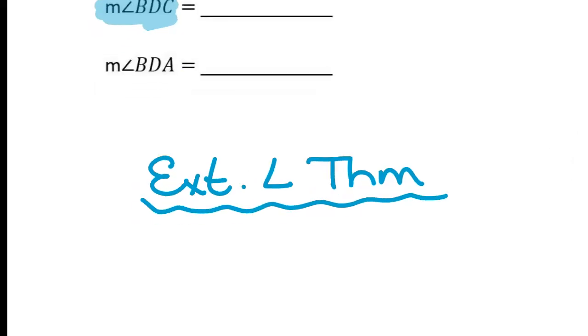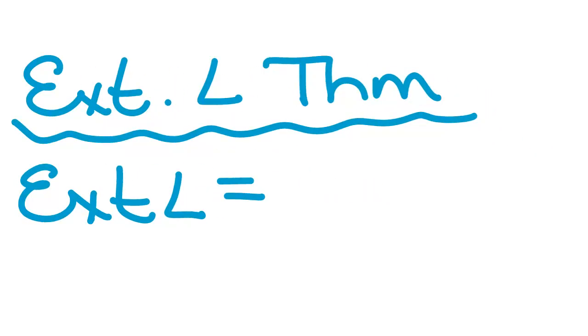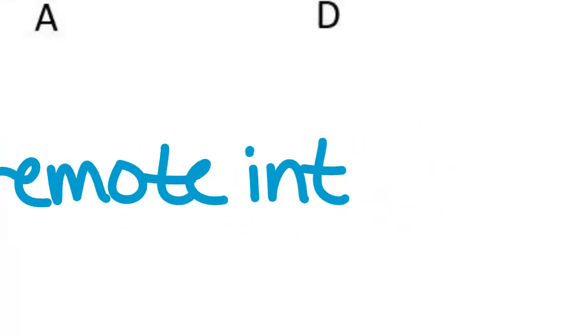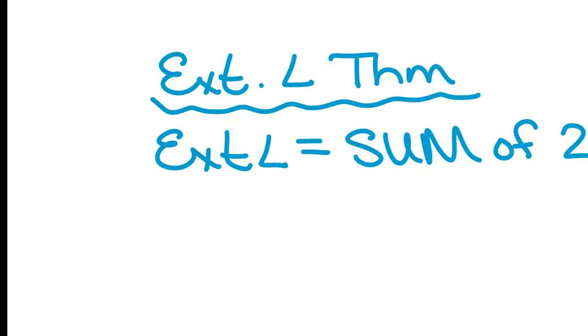The exterior angle theorem tells me that my exterior angle is equal to the sum of the two remote interior angles. My exterior angle is angle BDC.